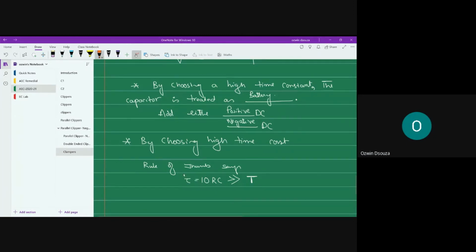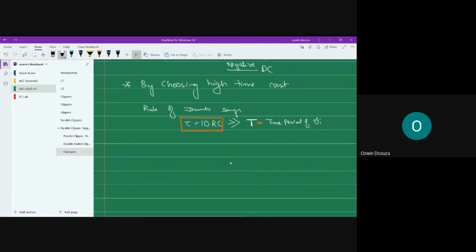What is tau? Tau is the time constant. So this tau should be very much greater compared to capital T. So this capital T is nothing but the time period of input, Vi.